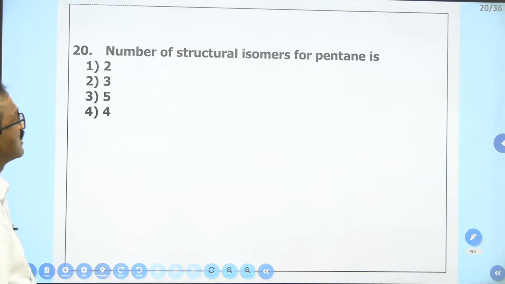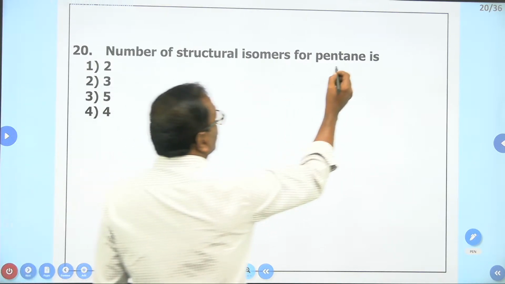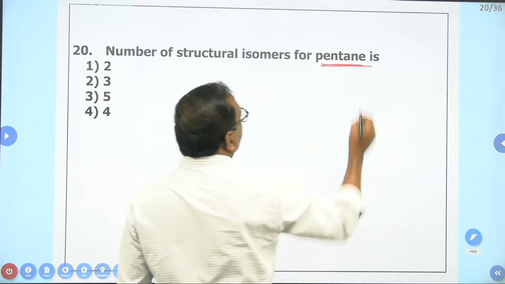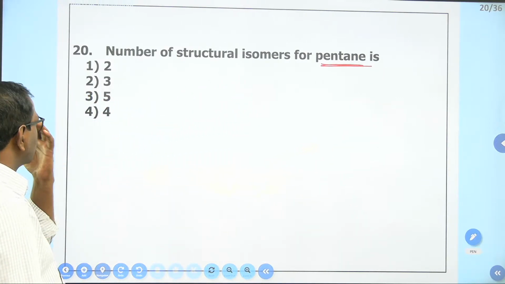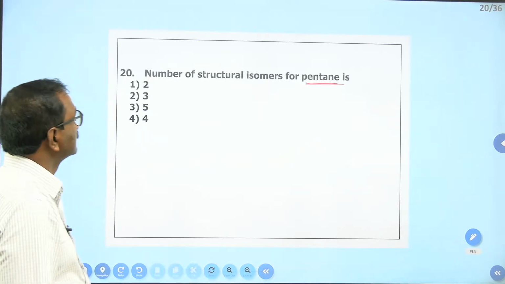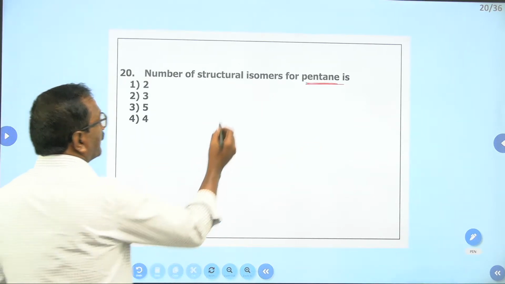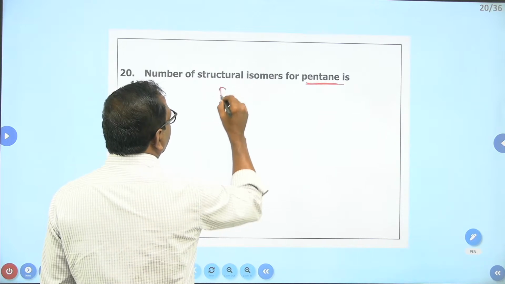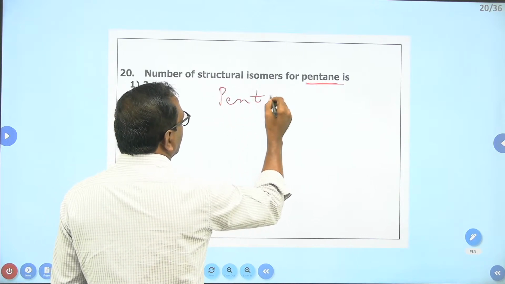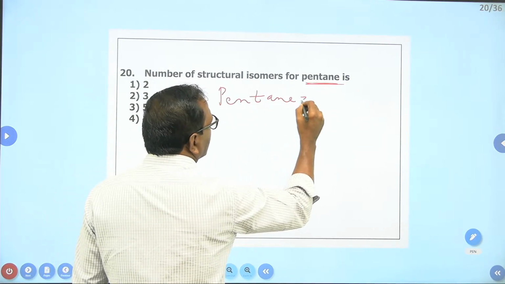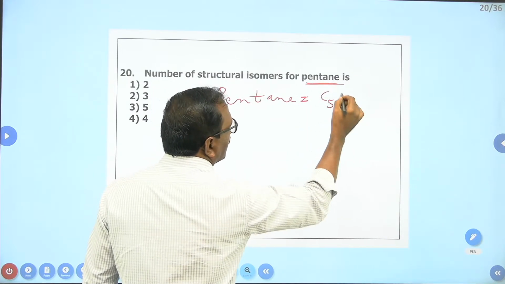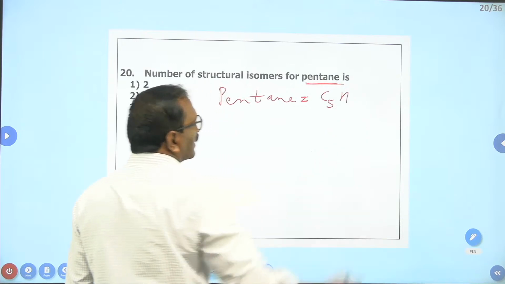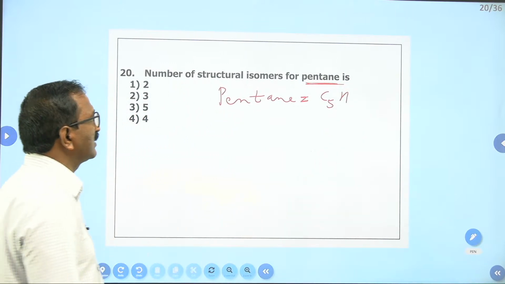Number of structural isomers for pentane. See now, number of structural isomers for pentane. Pentane, okay. Molecular formula of pentane is C5H2n plus 2, because the general formula for alkane is CnH2n plus 2.